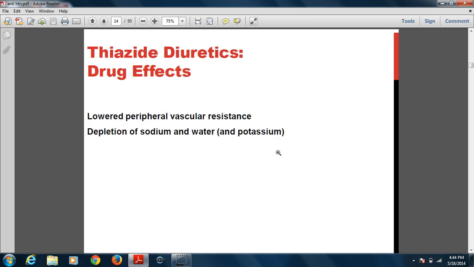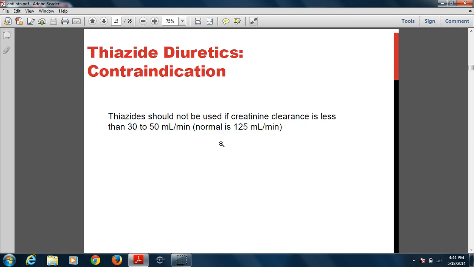So the drug effect for thiazide diuretics is that it lowers peripheral resistance. Remember I said it lowers the pressure a little bit by dilating the vasculature, and then we get rid of sodium and water. One caution or contraindication when using thiazide diuretics is that they shouldn't be used if people have poor kidney function.